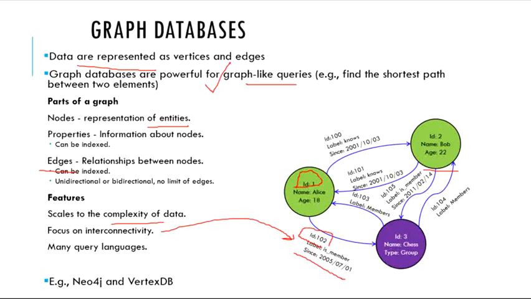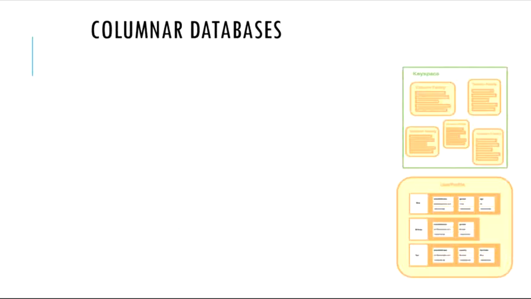Say we have data for Facebook, we've got data for LinkedIn, where you've got connectivity between the various elements, then that is easily stored or processed if you have a graph-like database structure. Some of the databases that allow creation of graph databases are Neo4j and VertexDB.